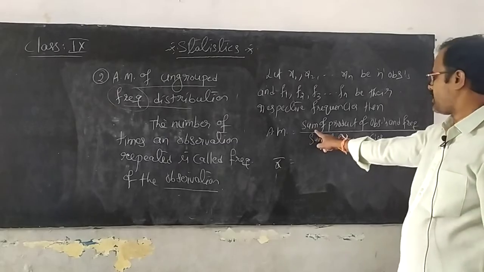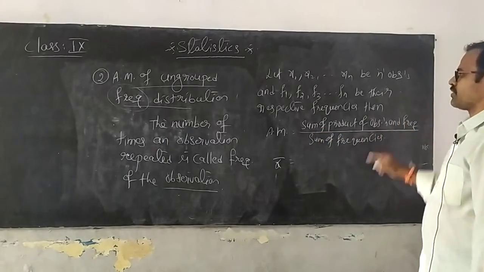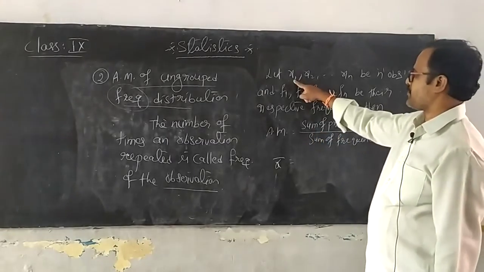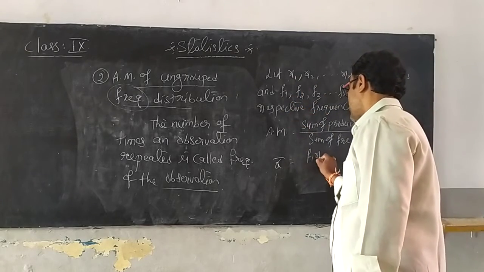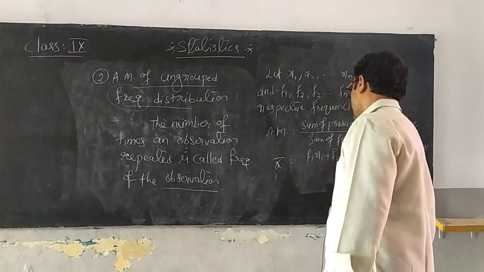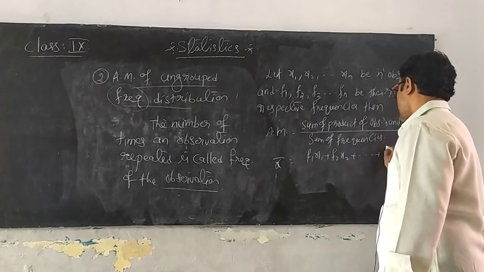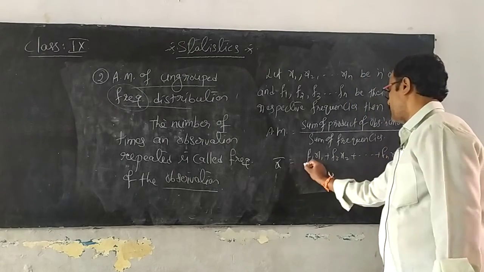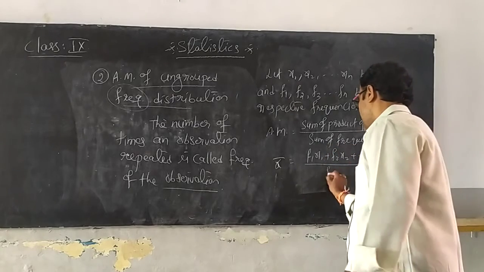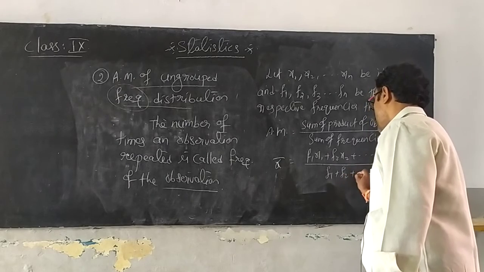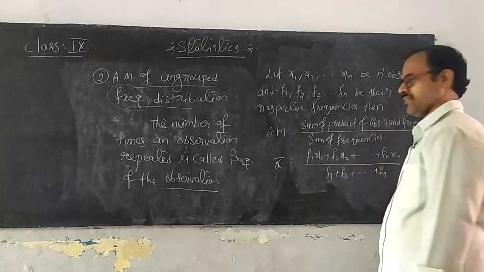Now the formula is x bar is equal to sum, means you have to add. Whom you have to add? Product of observations and frequencies. Now x1 is the observation and f1 is the frequency. So you write f1 x1 plus f2 x2 plus so on plus fn xn by the sum of frequencies: f1 plus f2 plus so on plus fn.